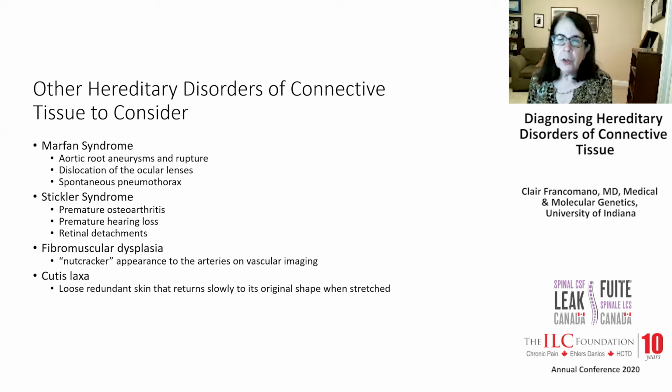In fibromuscular dysplasia, there's a nutcracker appearance to the arteries on vascular imaging. And in cutis laxa, the skin is very loose and often redundant. And when you pull on it, it returns very slowly to the original shape when stretched. So if you see any of these features in the personal or family history of your patient, it's definitely worthwhile to think about these other hereditary disorders of connective tissue.